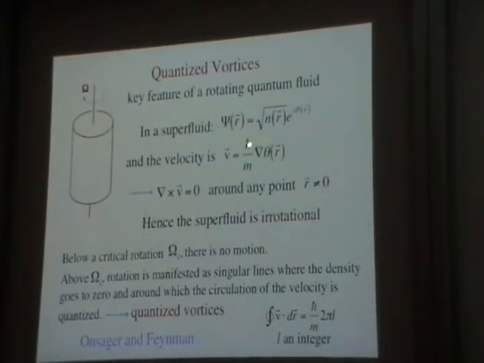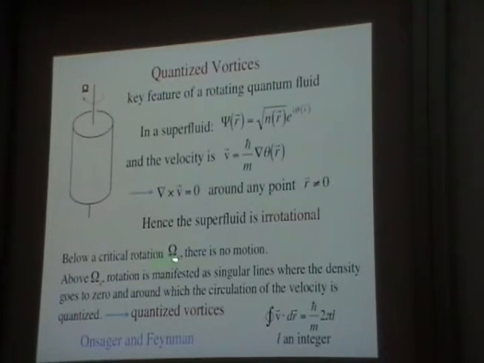The velocity of the atoms of the superfluid can be determined from the gradient of the phase. So if you take the curl of the velocity, because it's the gradient of the phase, the curl of the velocity is zero around any point. Hence, this tells you that the superfluid is irrotational. You can't really rotate a superfluid. But it's possible for a superfluid to exhibit rigid body rotation, or something that looks like rigid body rotation.